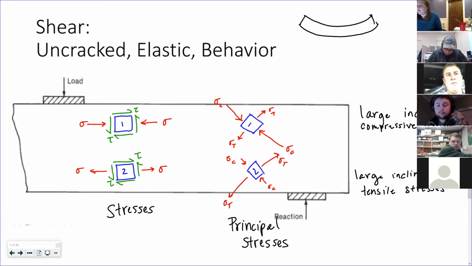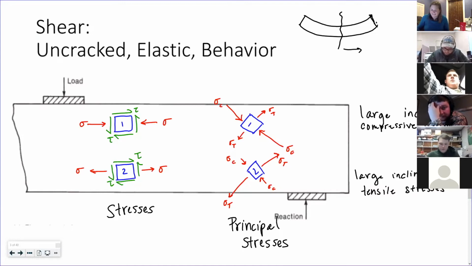This picture right here is basically that half of the beam. Gotcha. Yeah, so the top is in compression and the bottom is in tension. Sorry. That's okay. Always ask a question. I might have a few questions since I've been trying to catch up. Okay.